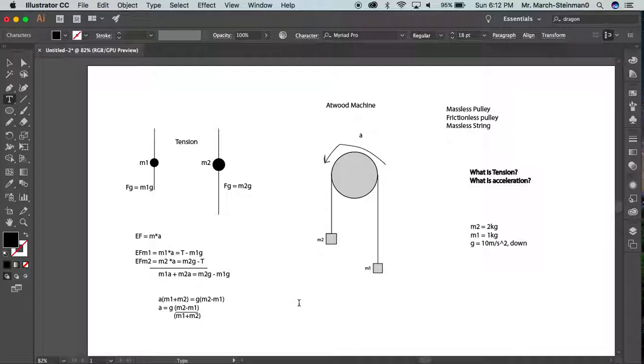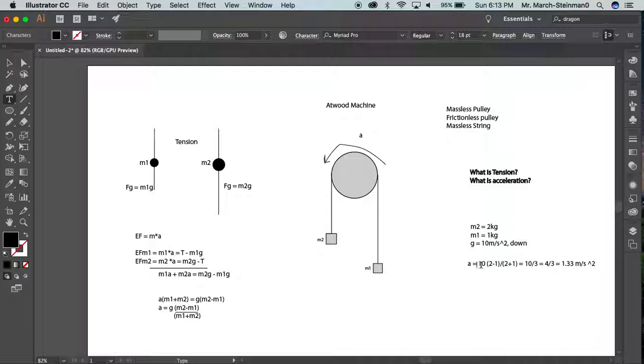So if I solve this equation, what I find is that I get A equals, as a value, 10 times 2 minus 1, plugging into my equation over here, divided by 2 plus 1, which is equal to 10 times 1, which is 10, over 3, which is equal to 4/3, which is pretty small.